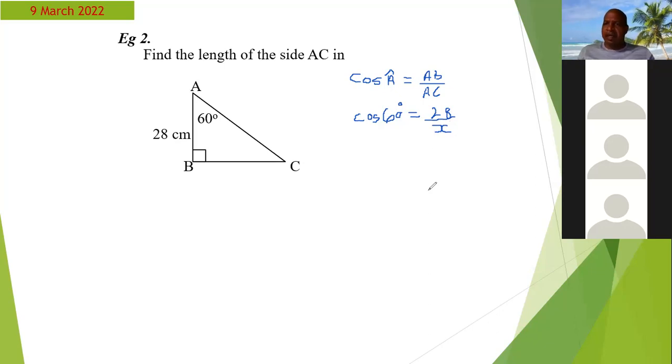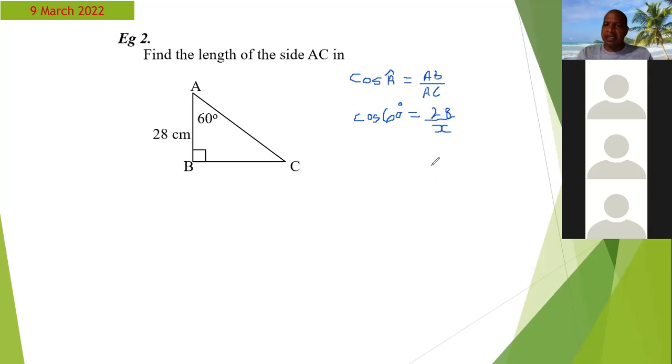So the problem with that, Ms. Wilson, is that in order to make x the subject, it cannot be in the denominator. So first you have to remove it from the denominator, because on the right-hand side, you notice that x is in the denominator. Even though you would want to get rid of the 28, first you have to get the x out of the denominator.